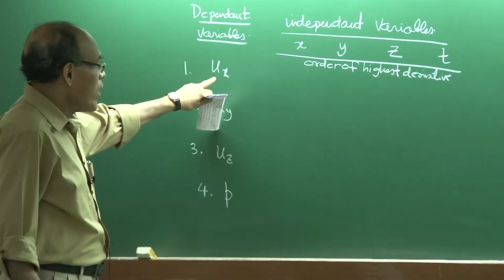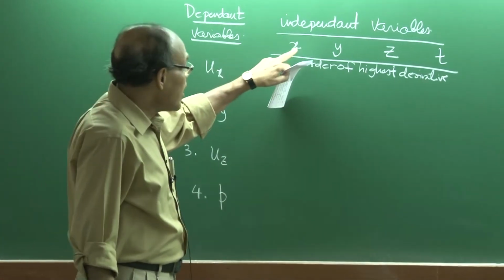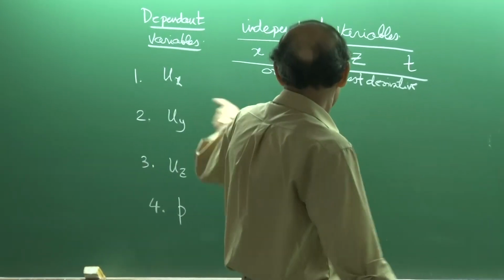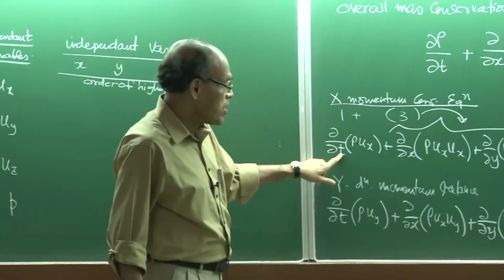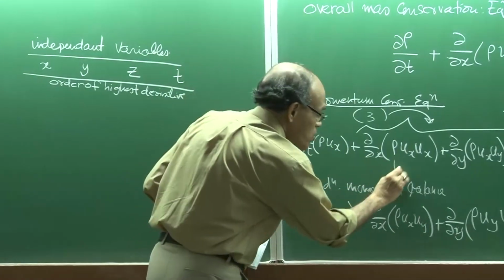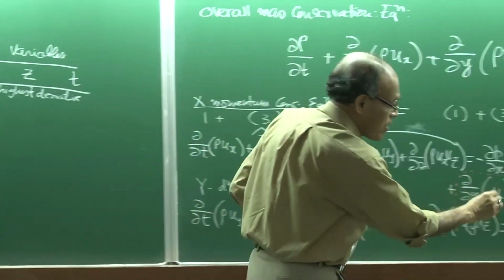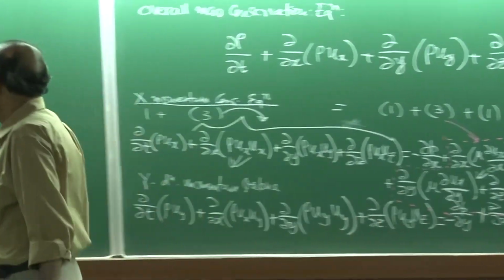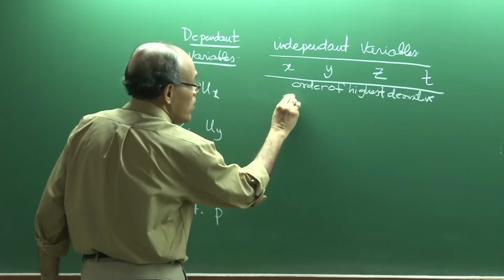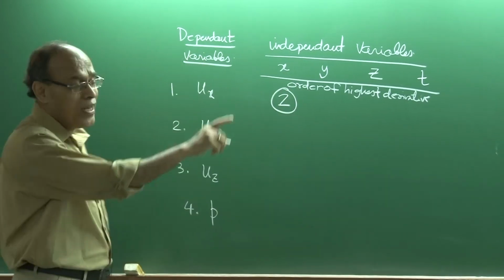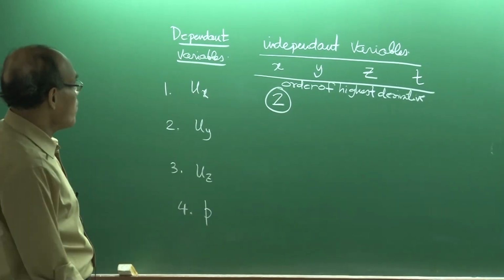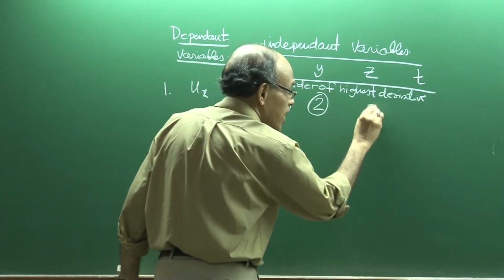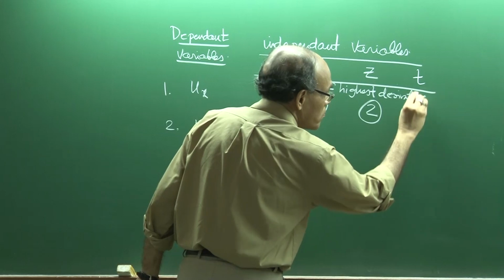So, now if you look at ux, I want the order of the highest derivative along x. If you look at the first equation, along x direction I have a first order derivative, and along x direction I have a second order derivative. So, along x the order of the derivative is going to be 2. Similarly, if you look at ux as the dependent variable, along y you will see that this is 2, this is again 2.